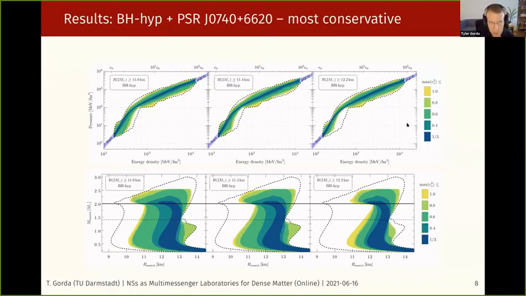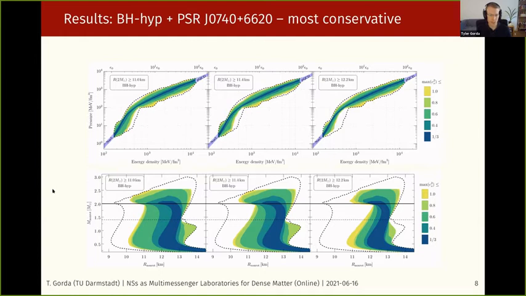So this is the black hole hypothesis, which is the most conservative one again, and then plus these J0740 constraints on radius of either greater than or equal to 11 kilometers, which is the average of the two sigma lower limits, or 11.4 or 12.2 kilometers, which are the two 1 sigma lower limits from the Amsterdam and Maryland groups.